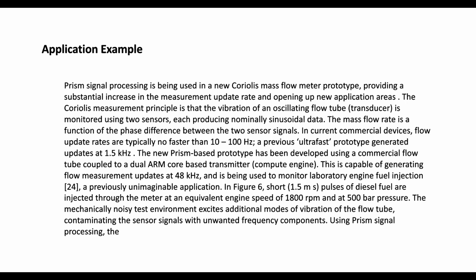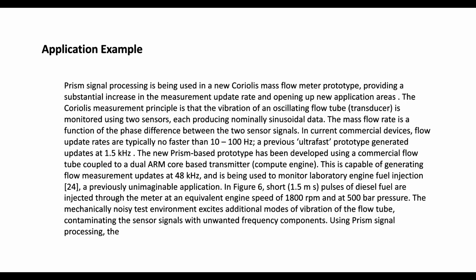This is capable of generating flow measurement updates at 48 kHz, and it's being used to monitor laboratory engine fuel injection, a previously unimaginable application. Pulses of diesel fuel are injected through the meter at an equivalent engine speed of 1800 rpm and at 500 bar pressure.